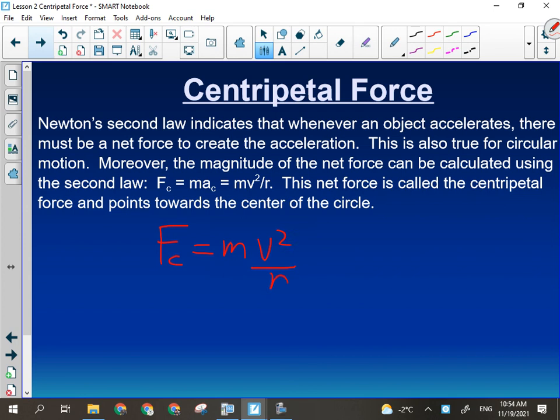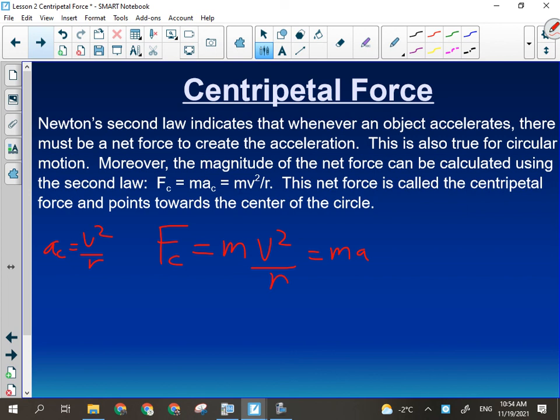We were just looking at that formula a minute ago, AC equals V squared over R. So this is really M times A for an object moving in a circle. It's still Newton's second law, it's just applied to a circle instead. Okay, that's what we got right there. Everybody all right with that idea?